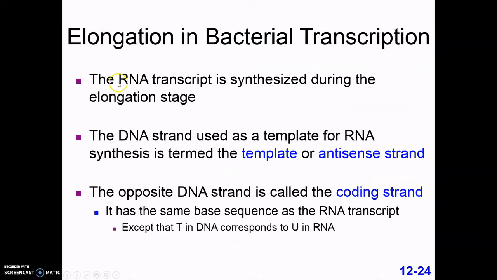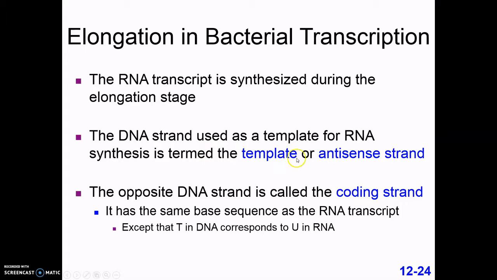Now, the RNA polymerase, as it moves along and is synthesizing the RNA, this is the stage that we call the elongation stage. And be sure to keep the DNA strands in mind that we are using. So what we're making is a copy of a coding strand.